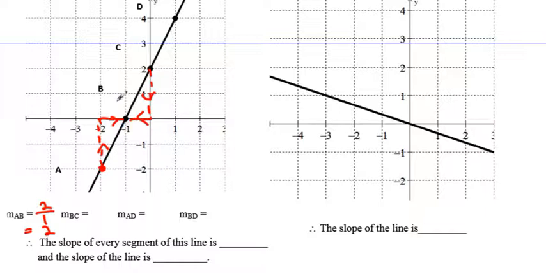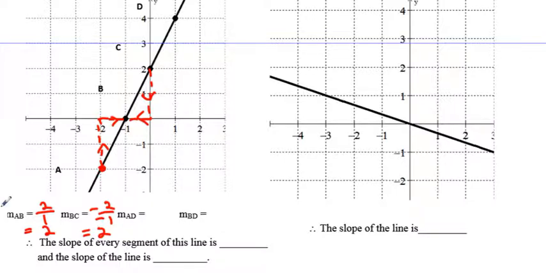So this time I went down 2 and left 1. Down is negative. And left, remember when we were plotting our points, left is negative. So this would be negative 2 over negative 1. But a negative over a negative is a positive. So this is also just 2.